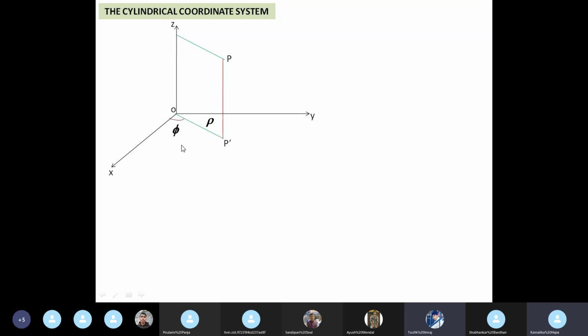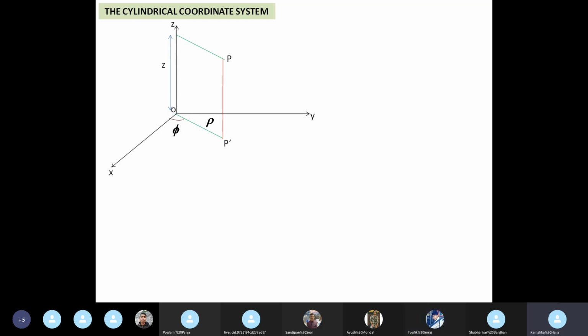Okay. And then this distance here from O to this point, which I just now called P double prime, is the distance z on the z-axis. Okay.